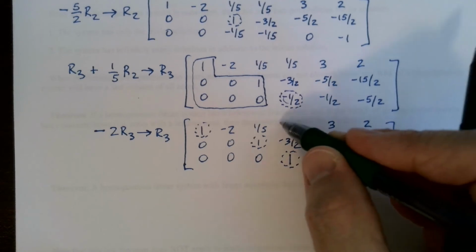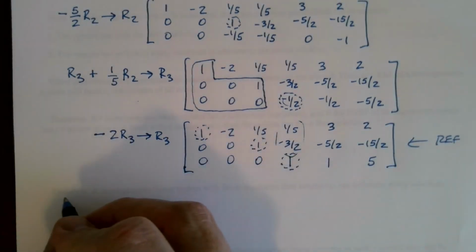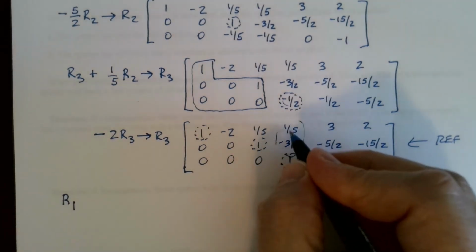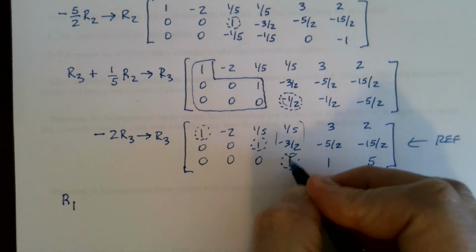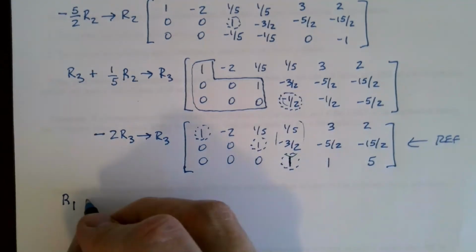So how do I get zeros up here? Well, I can take row 1, right? Get a 0 here and add what? The pivot row is now row 3. That's where my leading 1 is. So what's the opposite of 1/5?